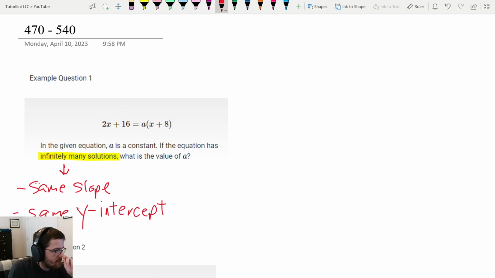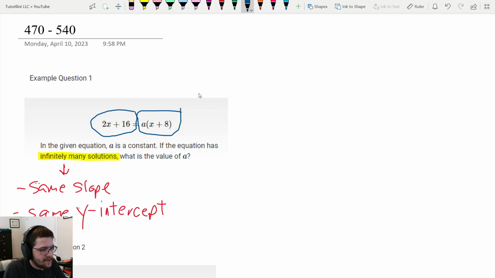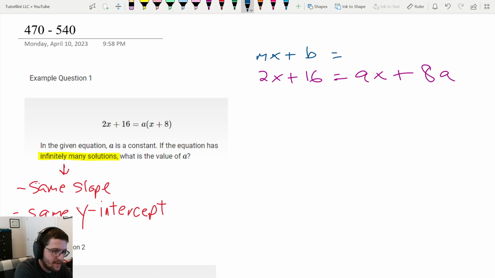So right away I recognize that this guy is in mx plus b, which is good, but this guy isn't. So what we have to do to get that guy in mx plus b is we have to distribute. So I'm going to write it like this. A times x plus 8. So ax plus, and then a times 8, which is just 8a. So now we're able to go, oh, mx plus b equals mx plus b.